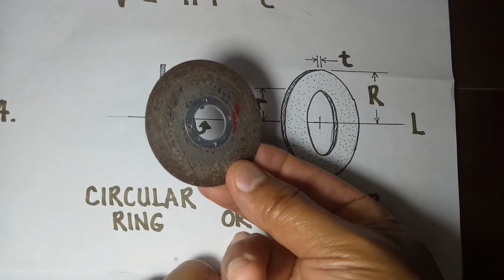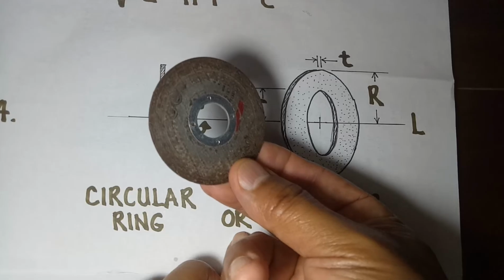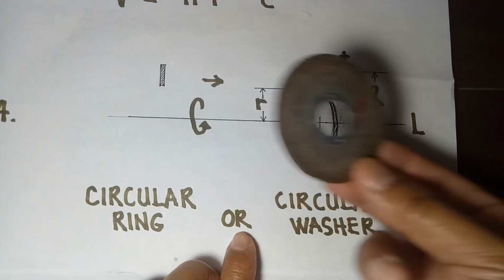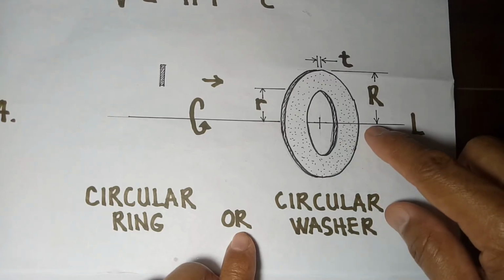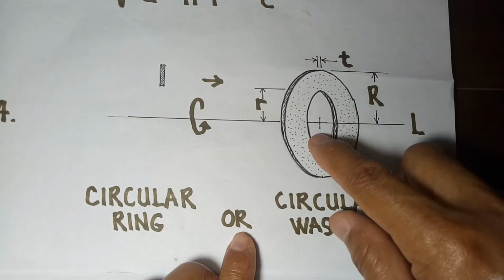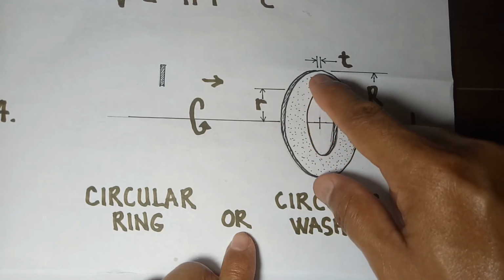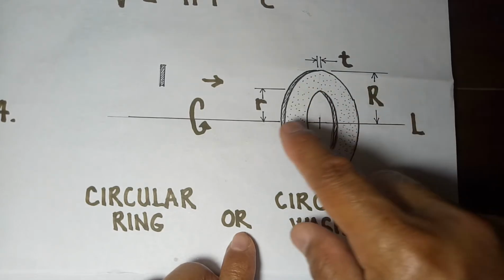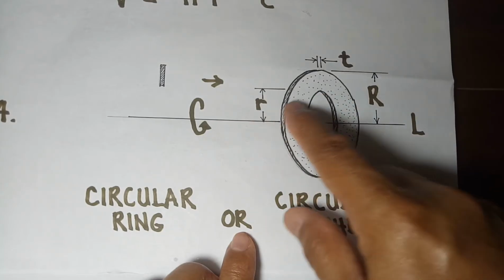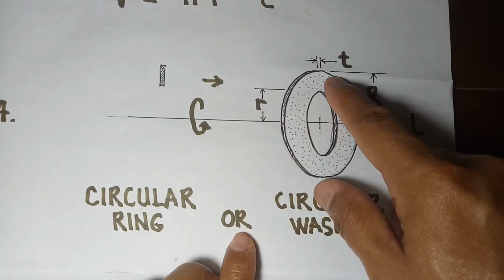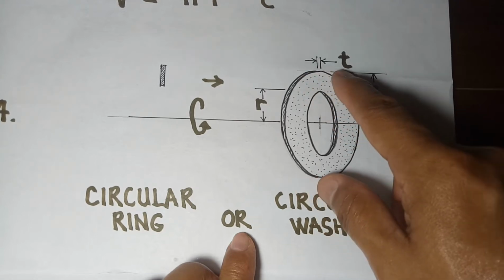So, halimbawa ito ng circular ring or circular washer. Iba pang halimbawa ng circular washer ay CD, no, yung mga CD o kaya ay DVD. Let us say that this radius, buhat doon hanggang dito, ay capital R. Pagkatapos, yung radius ng butas ay small r. And then the thickness of the circular disc is T.